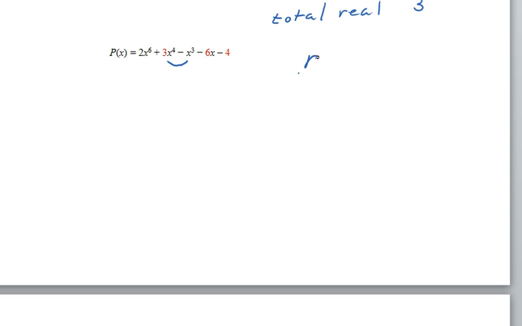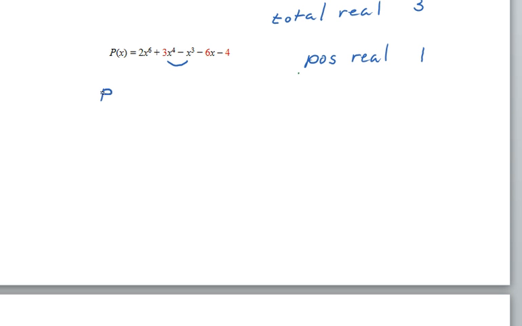So the maximum number of positive real zeros is 1. There actually will be one real zero because if we subtracted 2, that would be negative and that would not be possible.